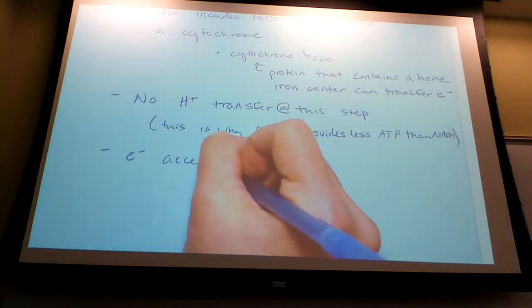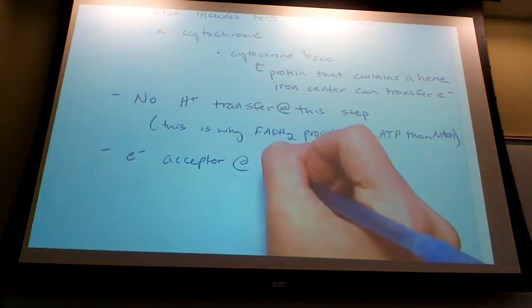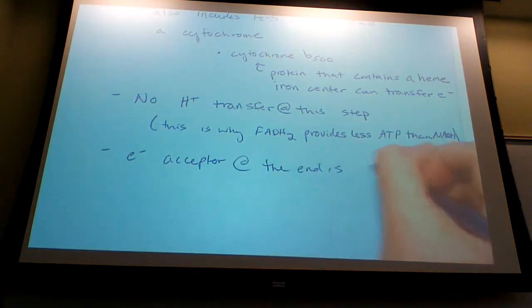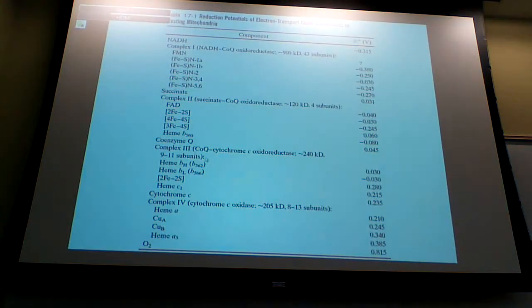Our electron acceptor at the end is coenzyme Q again. So this is where complex 1 and complex 2 both dump their electrons. Okay. So we have electrons coming from NADH.